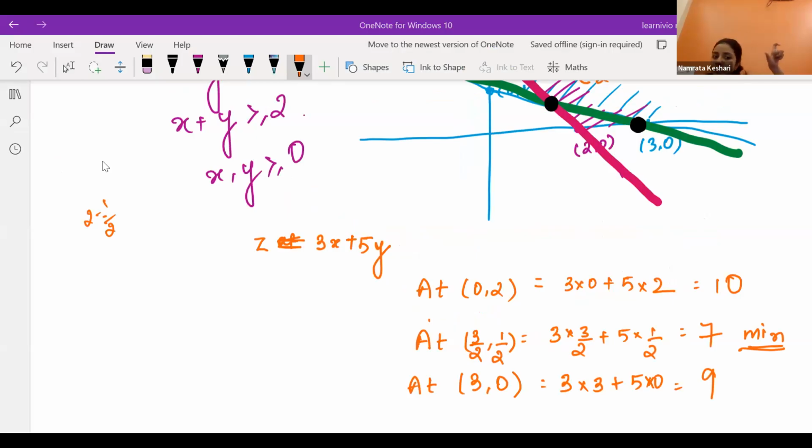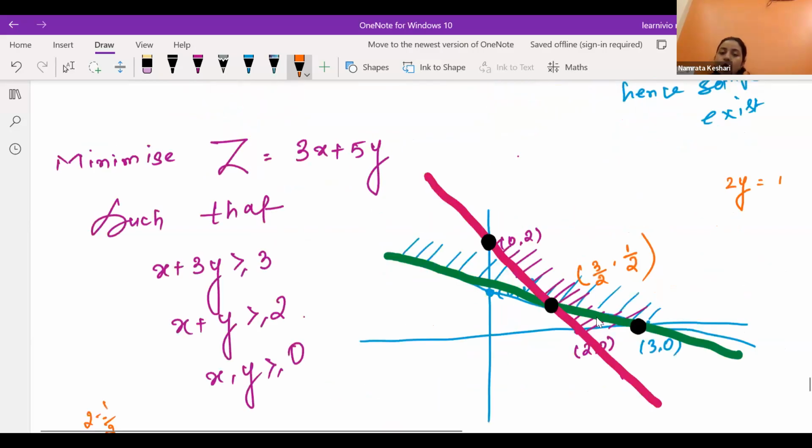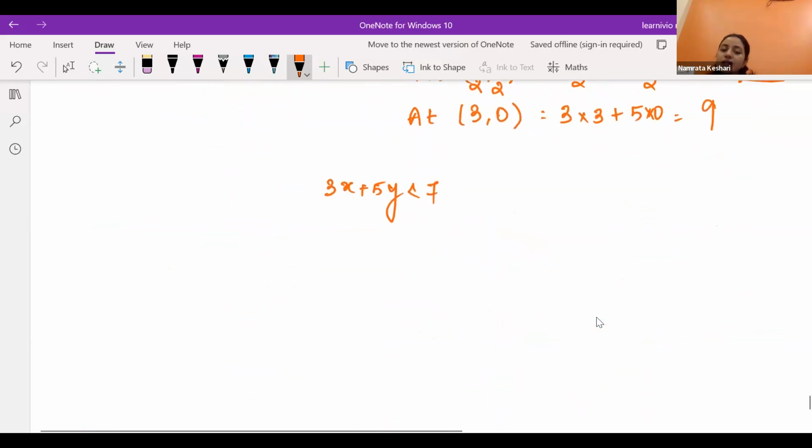We will be taking z, and we'll say that it is smaller than whatever we have got as the minimum value, right? Yes. Okay, so z is 3x plus 5y, that is smaller than this 7, and we will be plotting this inequality in the same coordinate plane. So we have 3x plus 5y is smaller than 7.